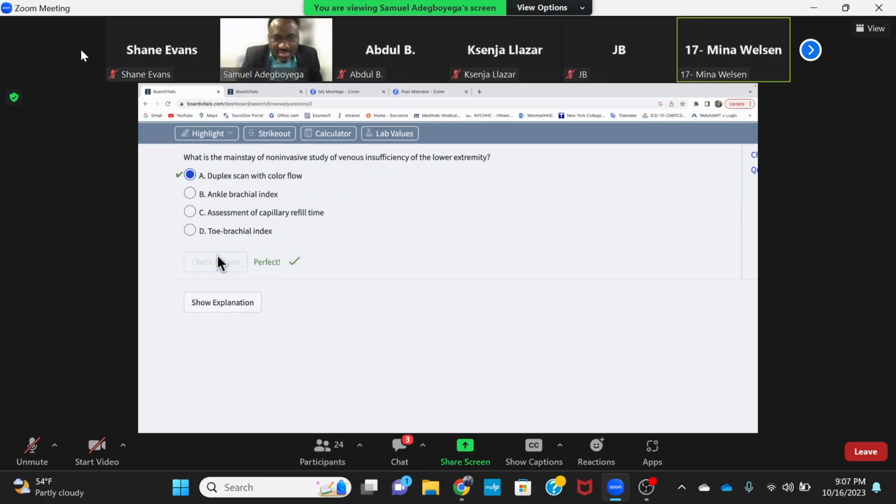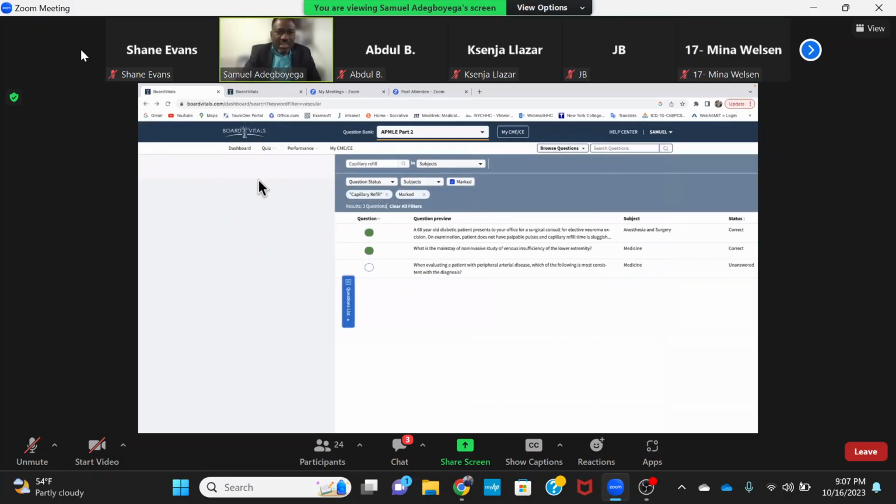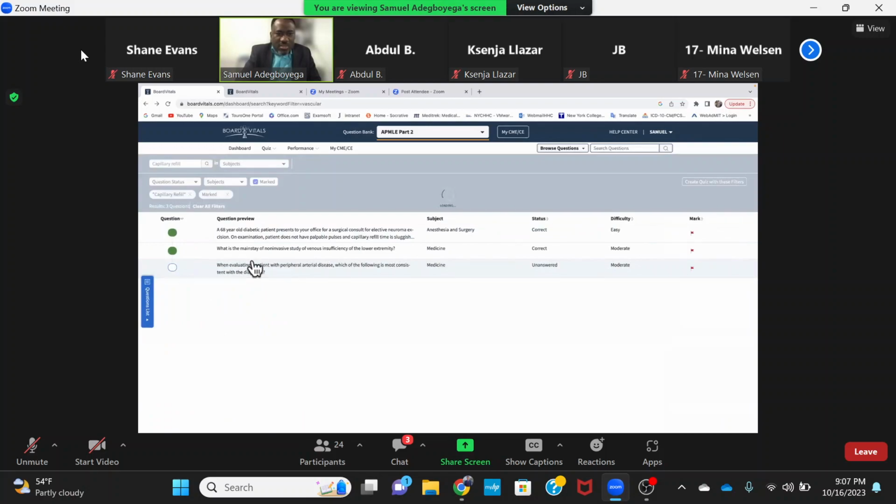Because for venous it's different. A toe brachial index and ABIs would be for arterial, not venous. Thank you. Okay, let's go to the next one.